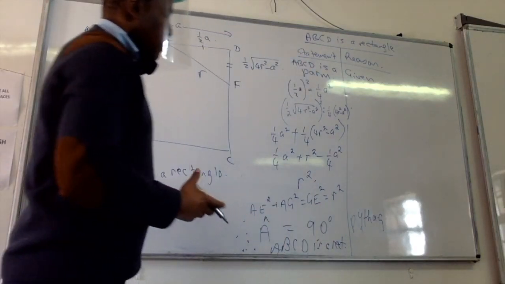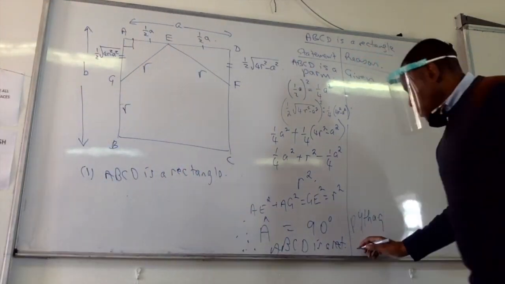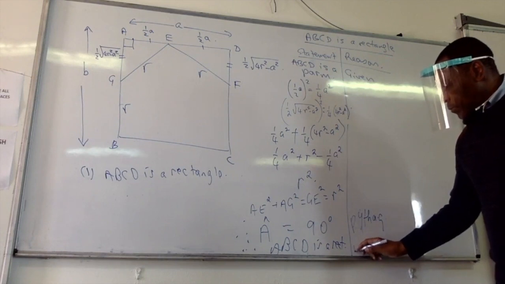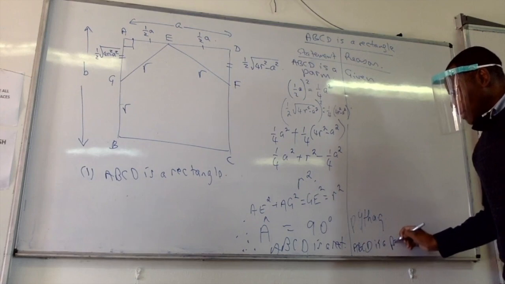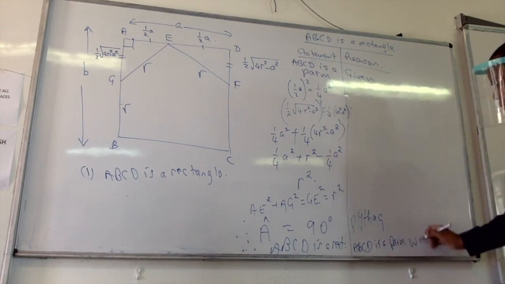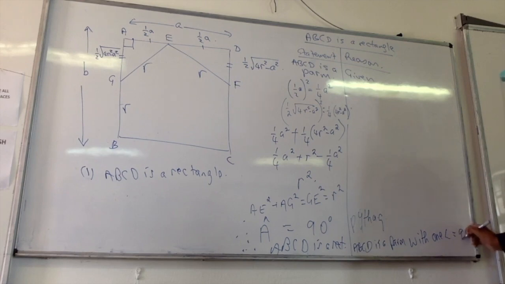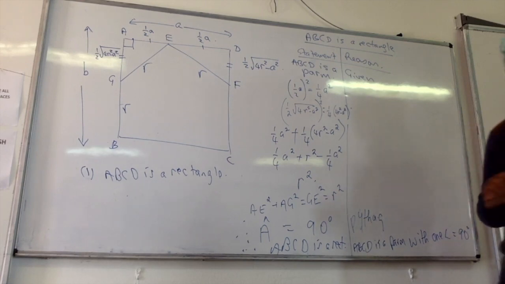And what is our reason? ABCD is a parallelogram with one angle equal to 90 degrees. Okay, something like that.